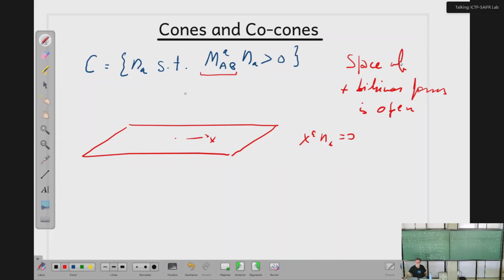So if you have some bilinear form, and you perturb, you add something, delta bilinear AB, small enough, this is also positive, right?